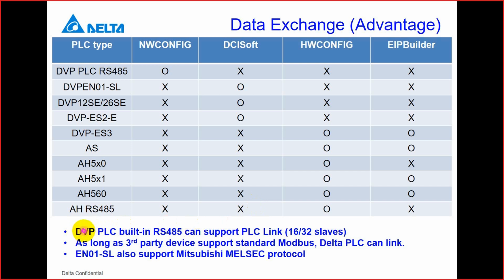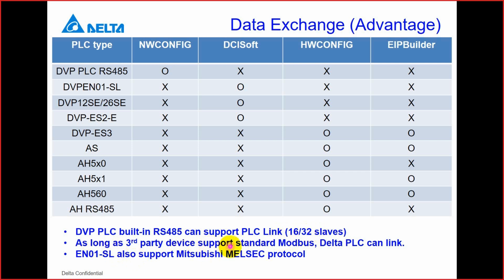Okay, and here is some summary: the DVP PLC built-in RS485 can support PLC link up to 16 or 32 slaves. This is up to the model: the second generation PLC would be 16, and like SV2, EH3, we have 32.